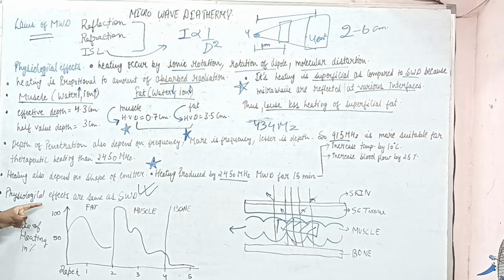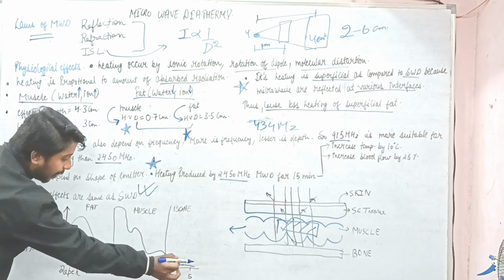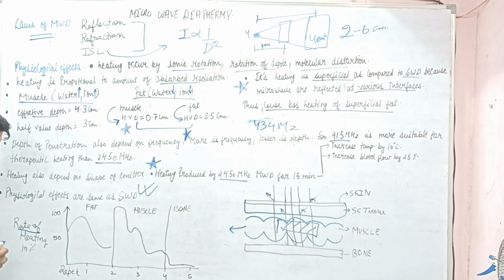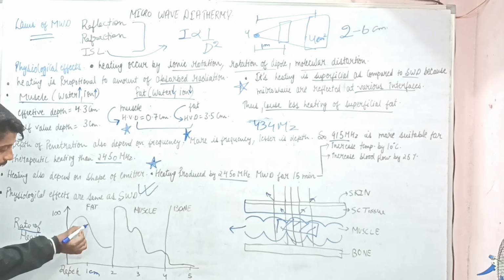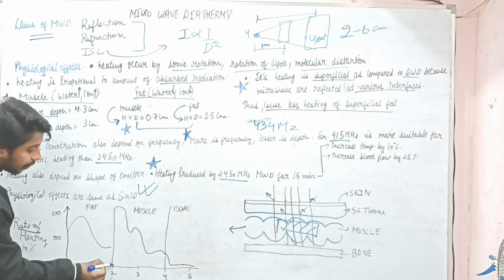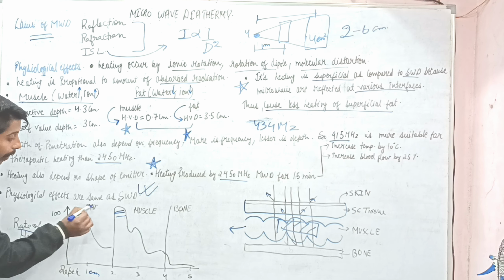And this is again a very beautiful diagram. You need to just understand, this axis is the rate of heating, and this one is depth in centimeter. You can see heating is very less in fat, but when it reaches the muscle, heating is very high, at 100%.